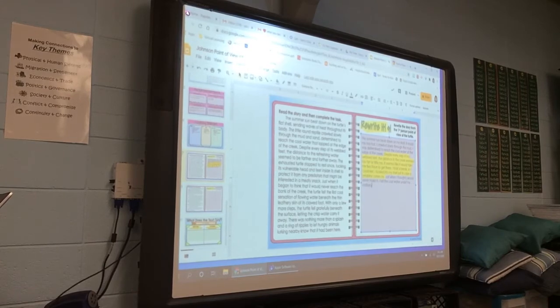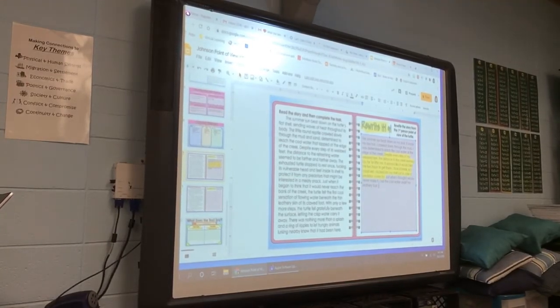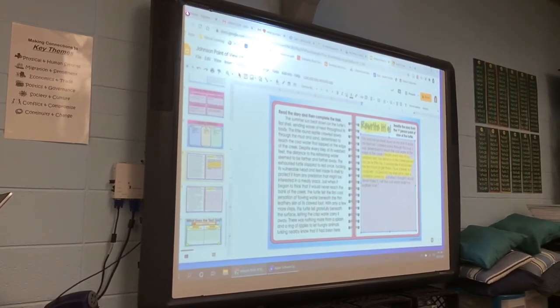Is it okay if I put that somebody dug a small little hole and filled it up with a bunch of water? I like how you're thinking outside the box, but if it's not a detail that's in the story, you're just retelling a story from somebody else's point of view. So you can add some feelings and some thoughts, but you can't add a whole other thing that happened.